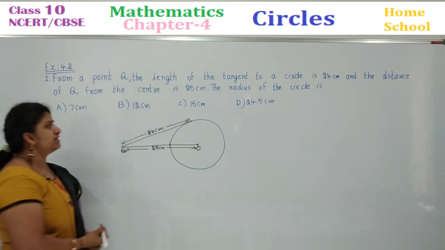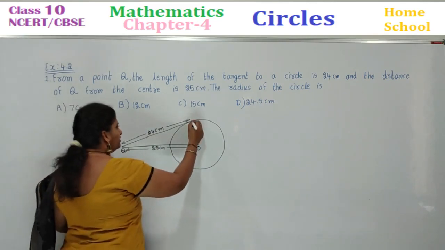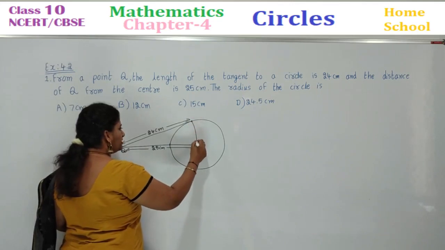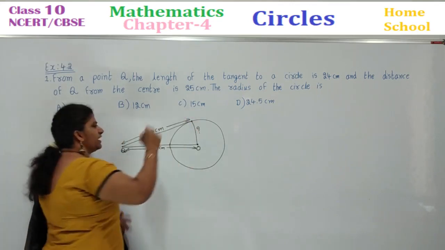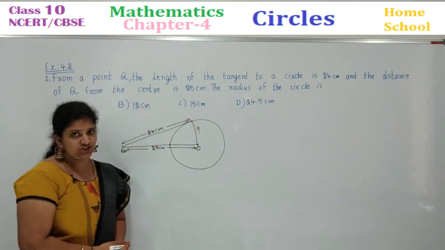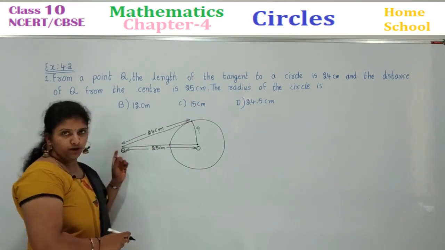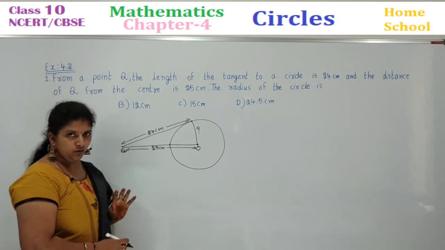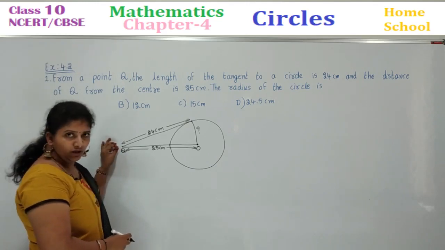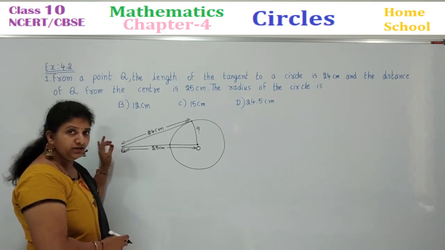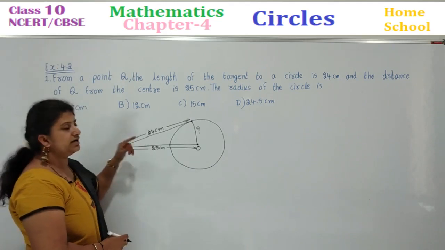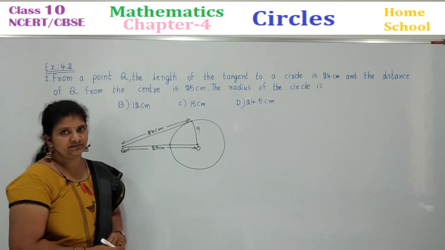The radius of the circle is, we need to join this. What is the radius of the circle is your question. Understand the problem once again. Q is an external point. From Q, we need to draw a tangent to a circle and the length of the tangent is 24 centimeters.